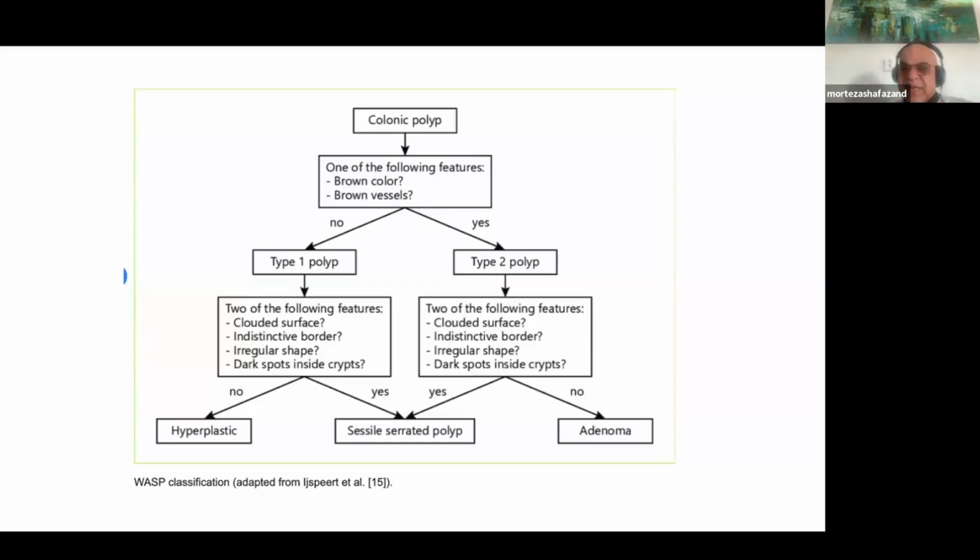So even AI, in my opinion, is not as good for sessile serrated lesions as for normal adenoma. I don't know, there's no science behind that, it's just my impression.